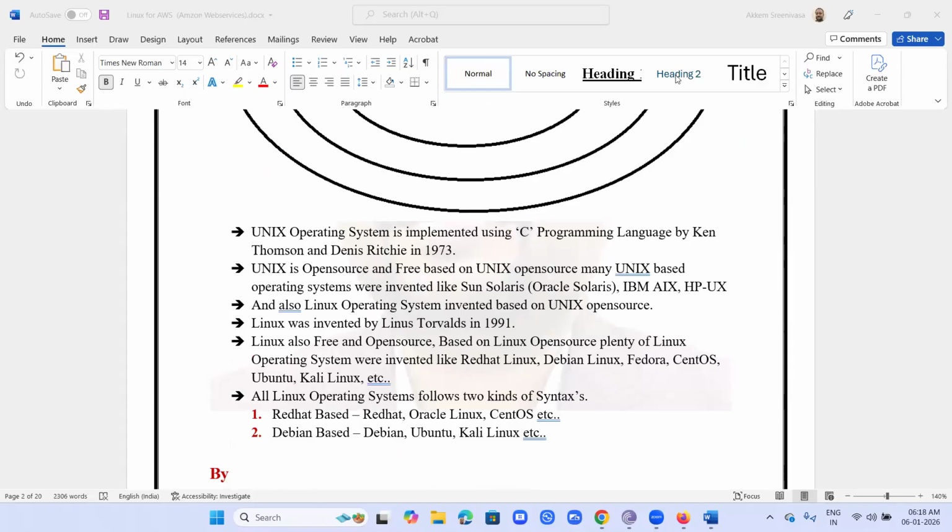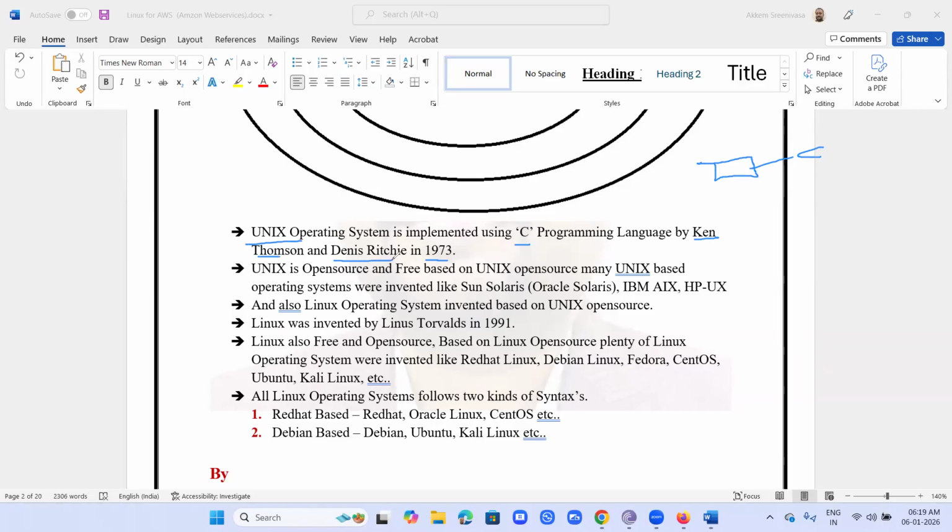Initially, the Unix operating system was implemented using the C programming language in 1973. C language was developed by two people, Ken Thompson and Dennis Ritchie.